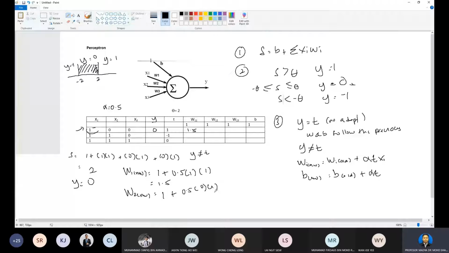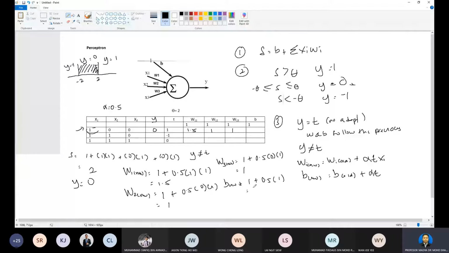Then weight 3 new: old 1 plus alpha 0.5 times x3 which is 0, target is 1, so it is the same. Only weight 1 is changed. Then the new bias: old 1 plus alpha 0.5 times target 1, so the bias will be changed to 1.5.